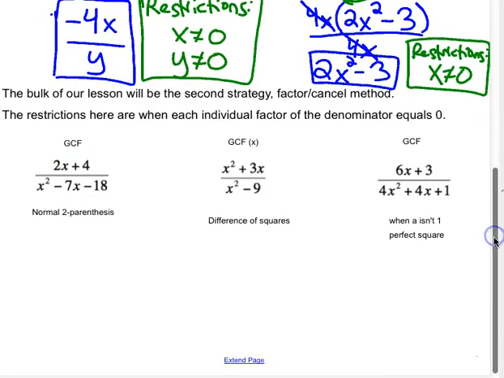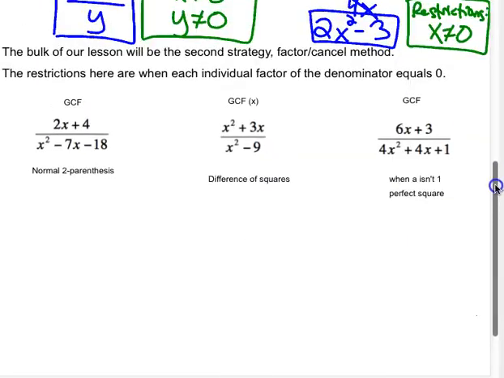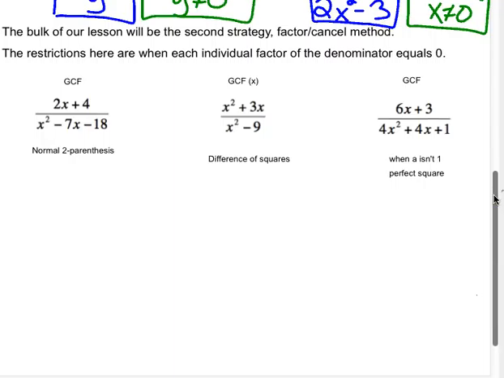Now, most of the factoring we're going to do looks like this bottom piece. So the focus of our lesson is on these bottom ones. And I've tried to be very intentional with these. I've tried to make sure that I include all of the different factoring methods that we've encompassed because every one of them is coming back in this chapter. So, for example, this first one, on the top, I can just factor out a greatest common factor.